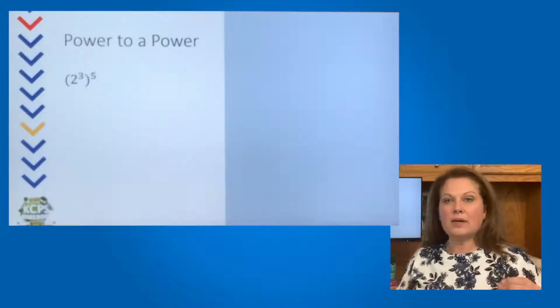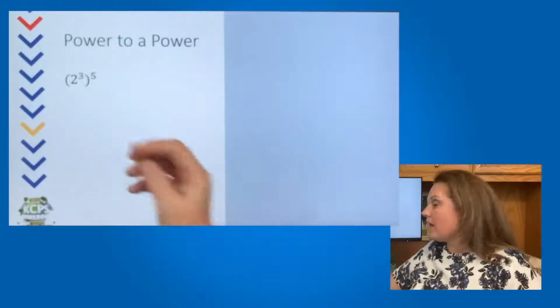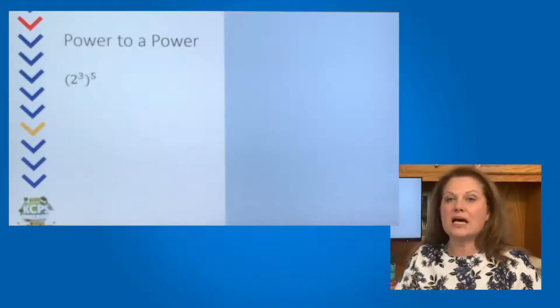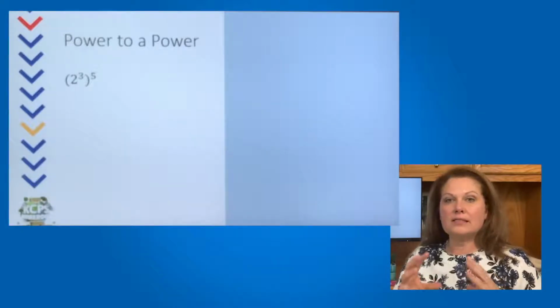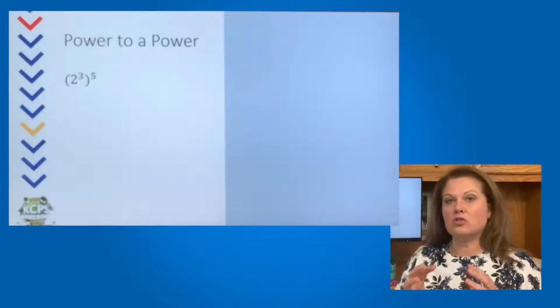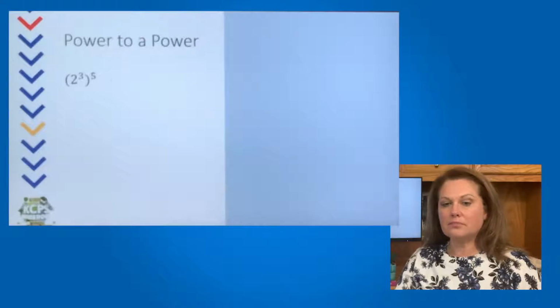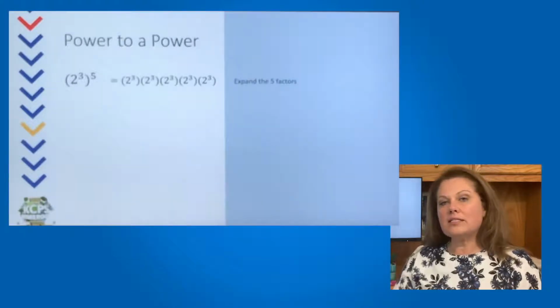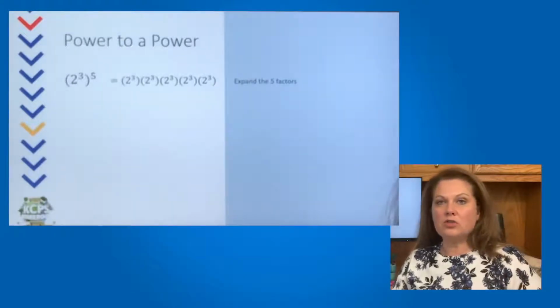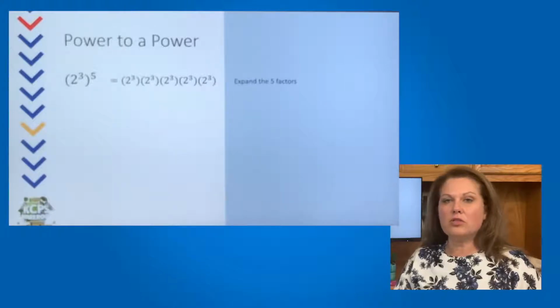Now, if we expand that out, remember our 5 is going to tell us how many times to write our base. And our base is inside the parentheses, the 2 to the 3rd power. So in expanded form, it would be 2 to the third times 2 to the third times 2 to the third times 2 to the third times 2 to the third.